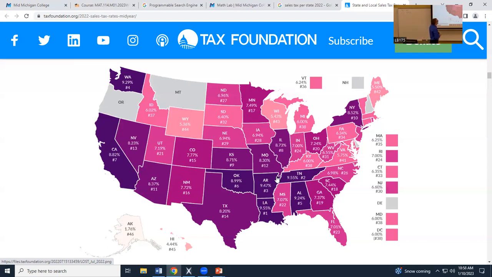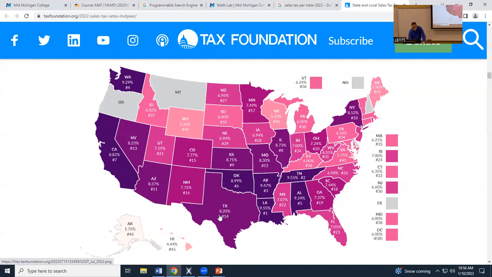By the way, notice Oregon and Montana here are in gray. What do you think that means? No sales tax there, right? All of their revenues come from different taxes, probably income tax and property taxes. Texas, this number looks pretty high, 8.20.